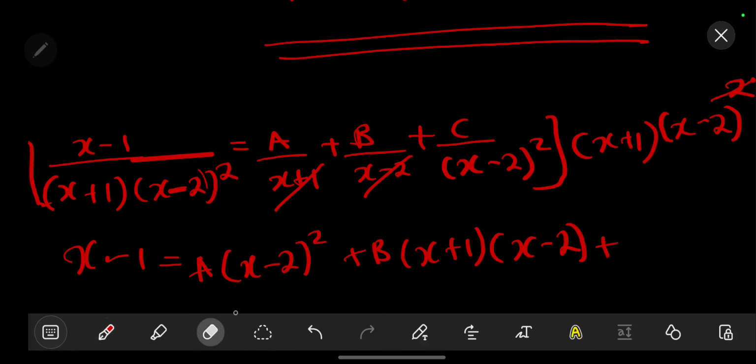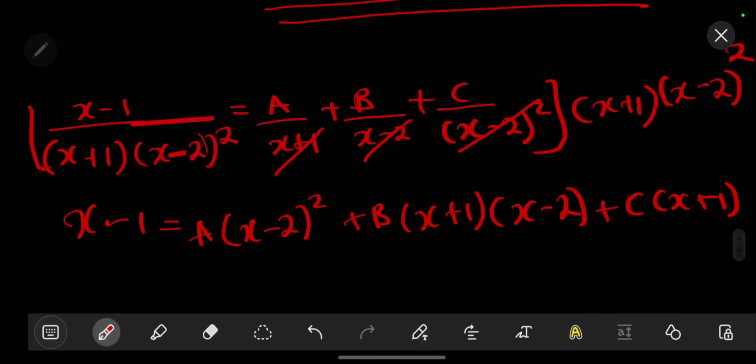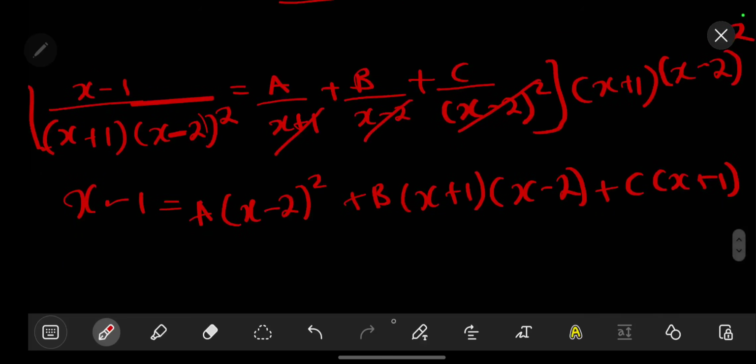If we multiply that, what we are going to get is this. So we are going to cancel this and this, then we are going to just have c multiplying with x plus 1, like that. So from here let's eliminate 2 letters.